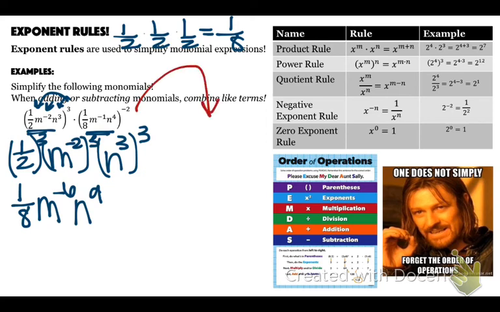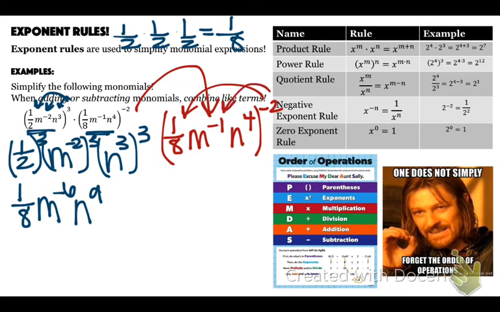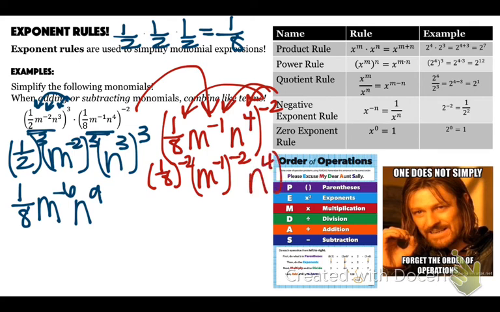This right side, so we have 1/8 m to the negative 1st, n to the 4th. This is all to the negative 2nd. So again, I'm just going to move this in. So we have 1/8 to the negative 2nd power. Then we have m to the negative 1st to the negative 2nd power. And then we have n to the 4th to the negative 2nd power.